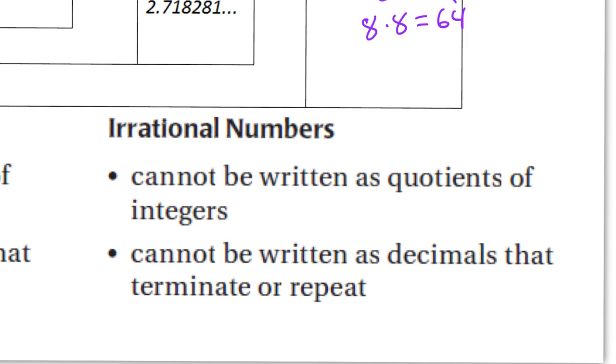Some decimals do not stop. They keep going and going to infinity. They never stop, and they never repeat. When I say repeat, I'm talking about a pattern. There's no pattern, nothing repeating over and over again. Okay? So those are irrational.